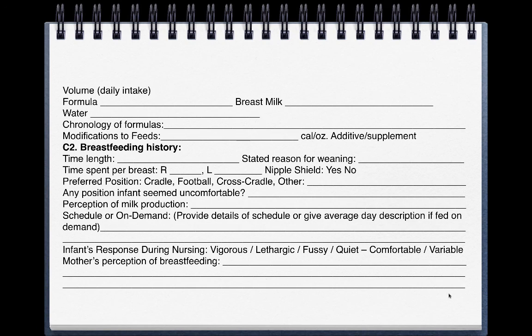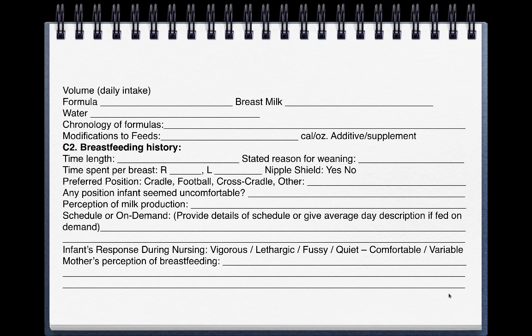If the baby is breastfeeding, then again, we're going to look at some of the characteristics of an optimal environment for the baby. So, how long does the baby spend when breastfeeding? And does the baby, again, have a specific position that they need? Does the baby get fed on demand, or is there some kind of a schedule?